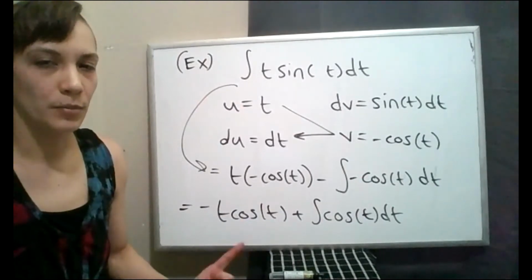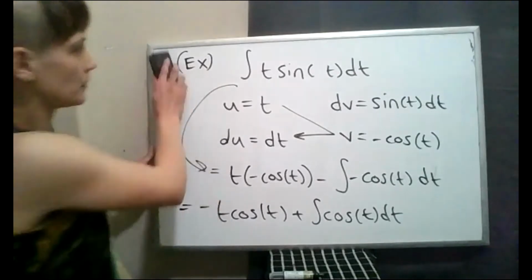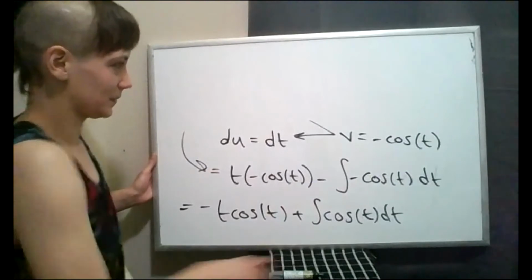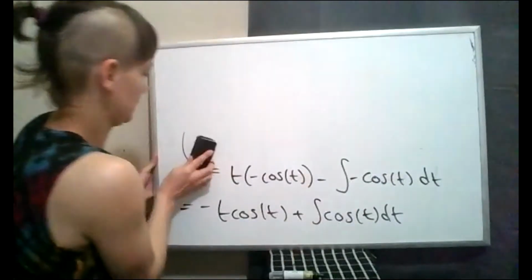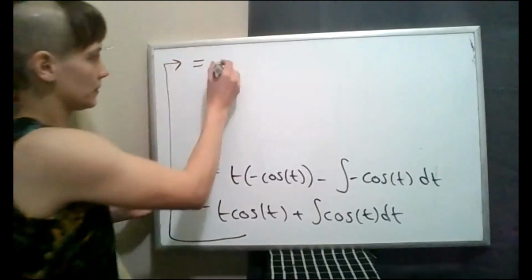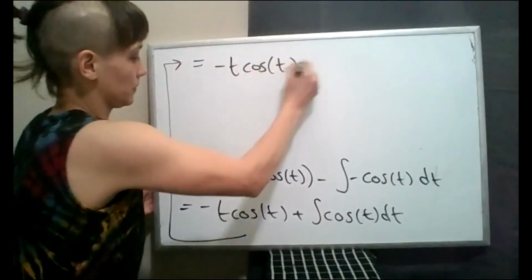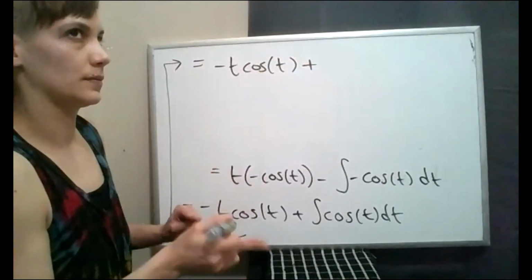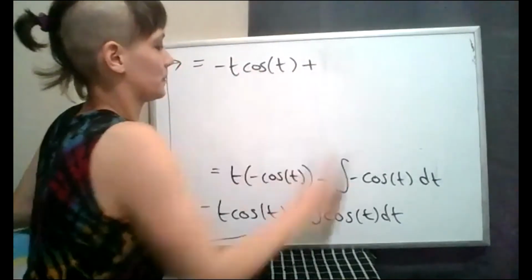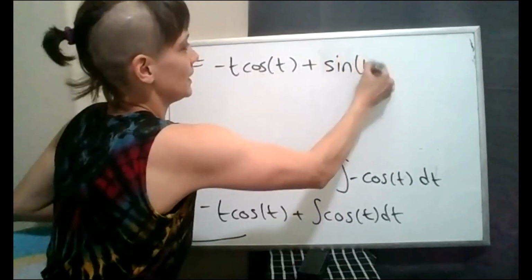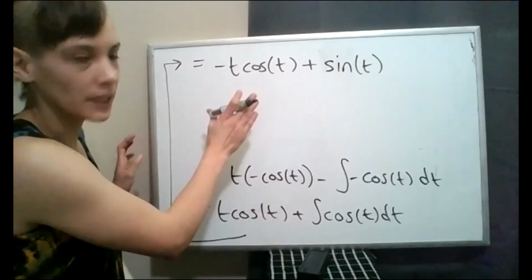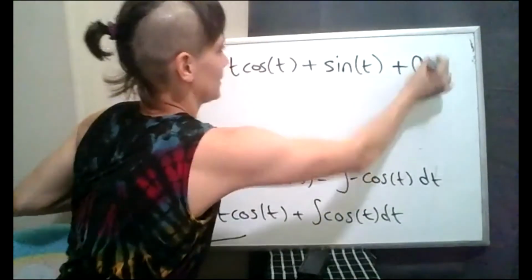So that last part is going to be a plus sine of t. And then add c at the end. So with this by parts, we've been leaving off the c until you get your final answer plus c.